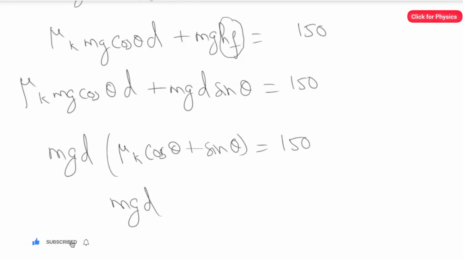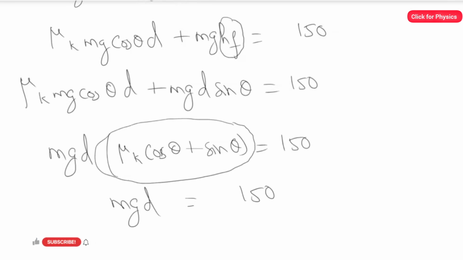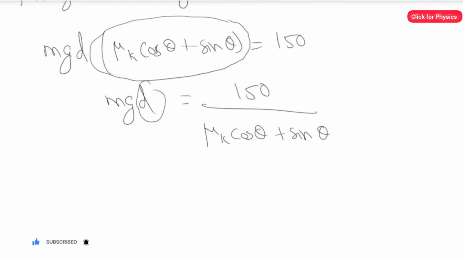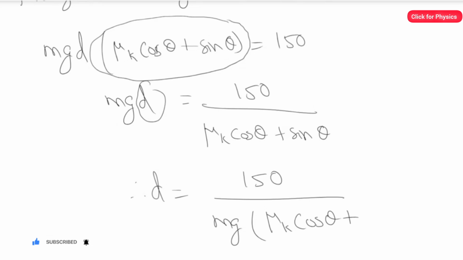Since these are all multiplication, we can take this entire term to the denominator of the right hand side, because we are going to find d. Therefore d equals 150 divided by mg multiplied by mu k cosine theta plus sine theta.